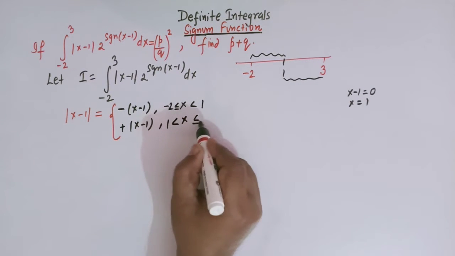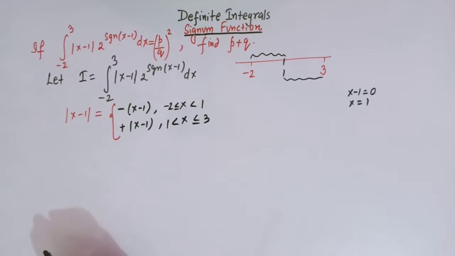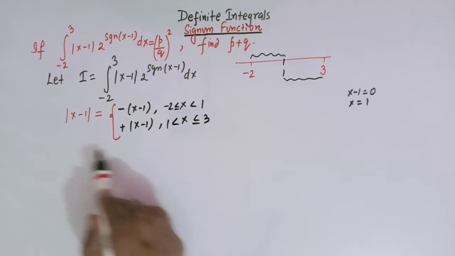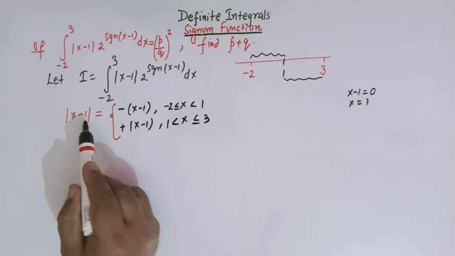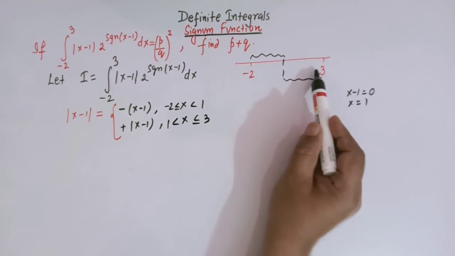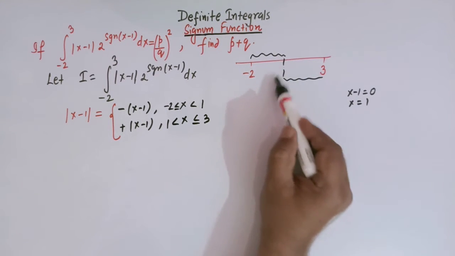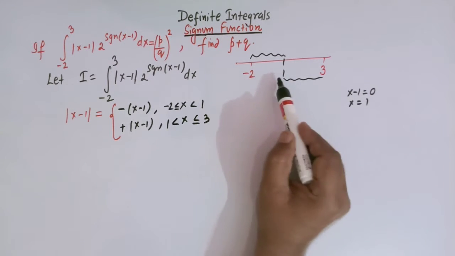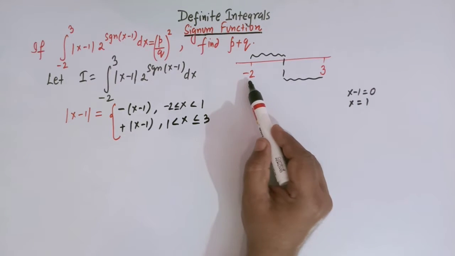So we have defined mod of (x - 1) in these two intervals, and 1 is the point where we break the limit.